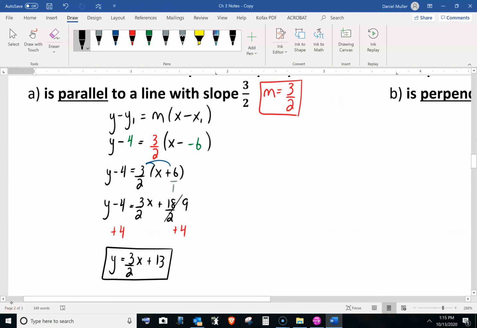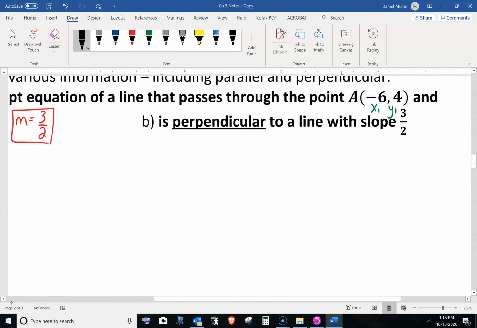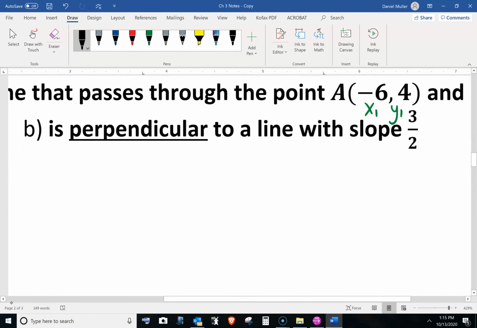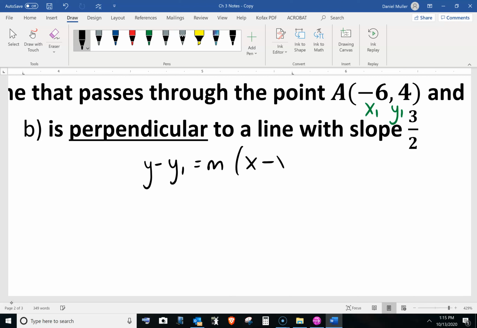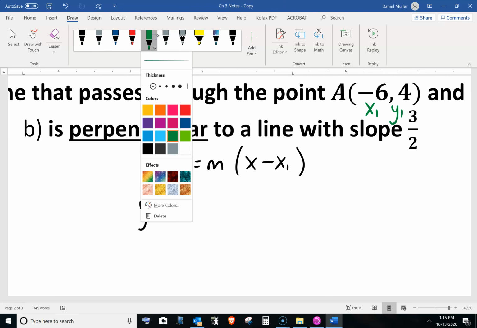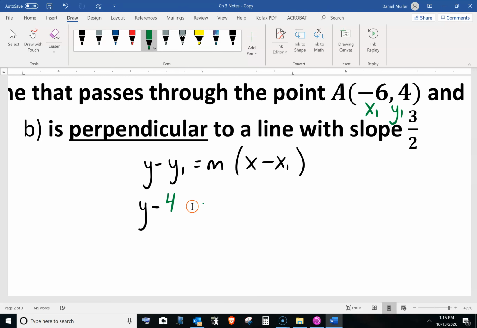And so the next one is the same point. So the same point is -6 and 4, but we have a perpendicular slope. So we start with y minus y1 equals m bracket x minus x1. And so y1 is 4, equals m, don't know that, x minus x1 is -6.